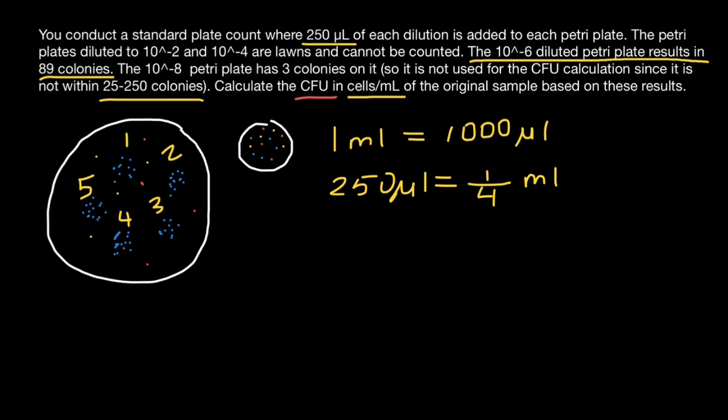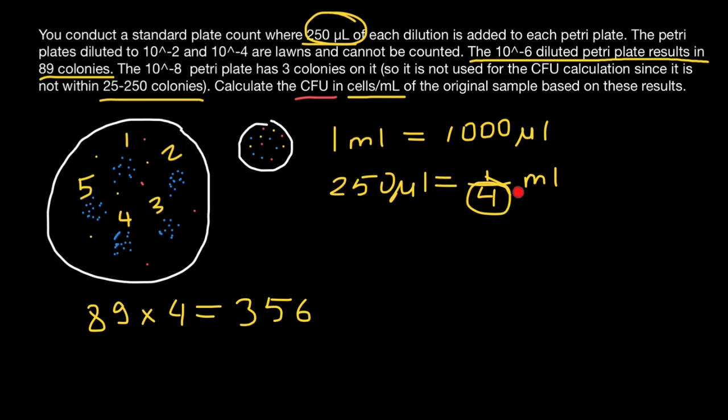So we got 89 colonies, but we started with 250 microliters, which is 1/4 of a milliliter. So we have to multiply by a factor of 4, and this is going to be 356 bacteria if we start not with 250 microliters, but with 1 milliliter.